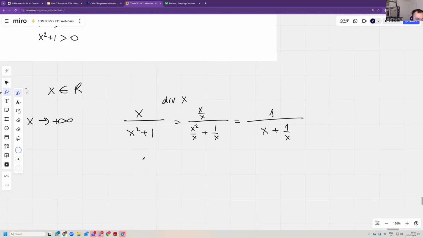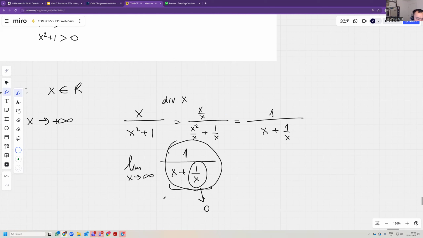As x tends to infinity, 1 over x tends to 0, so the whole thing tends to 0.